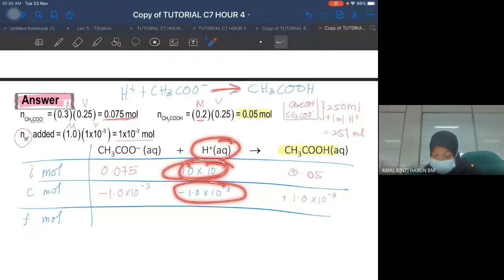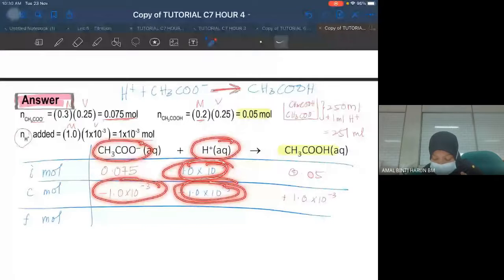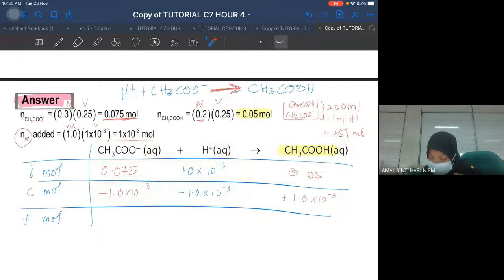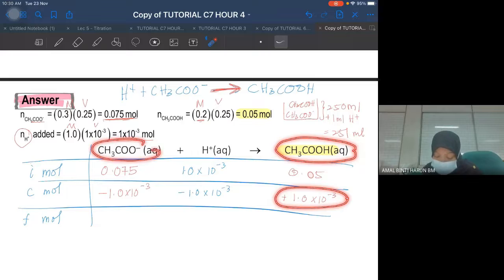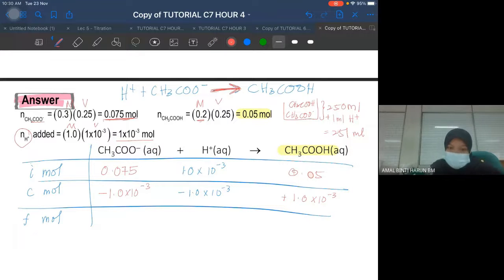So berapa banyak salt digunakan untuk neutralkan asid? Ada sebanyak ini. Lepas tu dia akan berkurang by 1 exponent negative 3. Dan dia akan ditukarkan kepada this one, acid. So acid yang akan bertambah adalah this one. Finally, the mole of salt remains is 0.025.